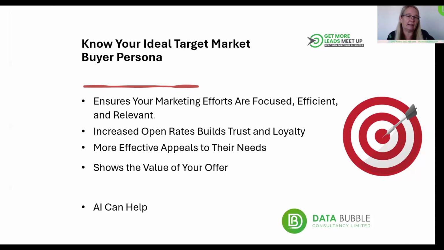That increases open rates, because you're creating a subject line and an email body that's relevant and resonates with that ideal target market. It builds trust and it builds loyalty. And it makes your email marketing more effective because you're appealing to their needs or their potential needs. So it's showing your offer. And as I've mentioned earlier, I do create a buyer persona.